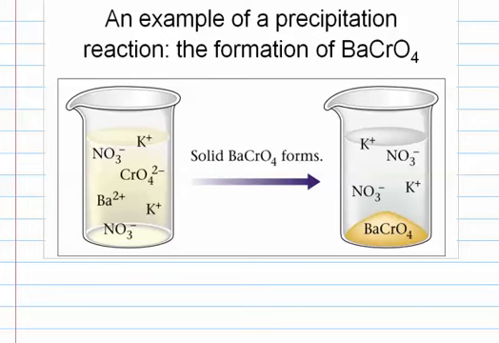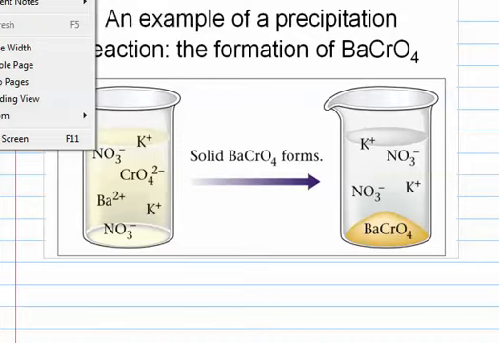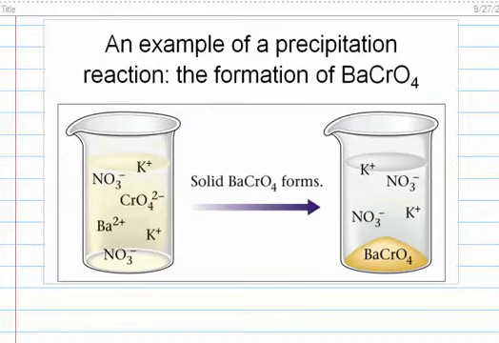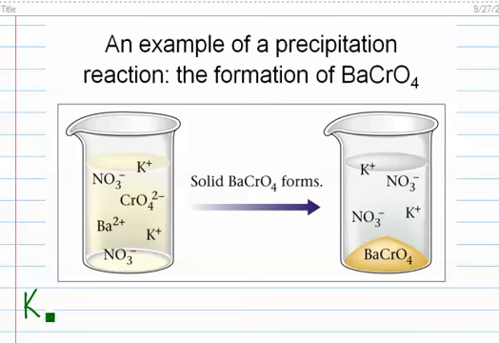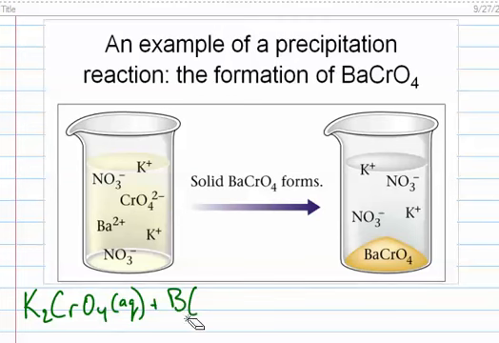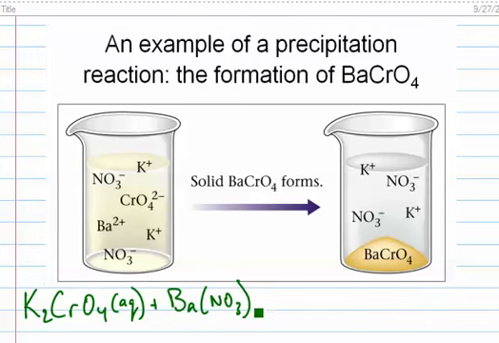So when we describe these reactions, we're used to seeing the standard way of doing this by writing a molecular equation, right? So in the case where we had potassium chromate as an aqueous solution reacting with barium nitrate, Ba(NO3)2, which is also aqueous.